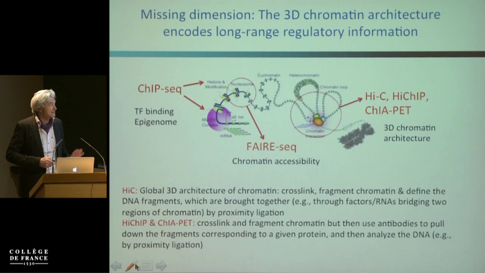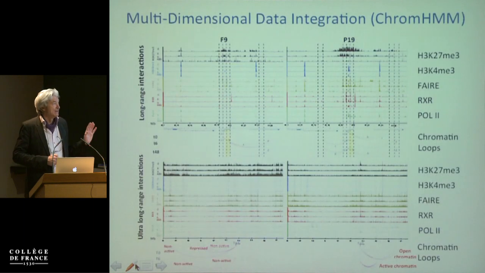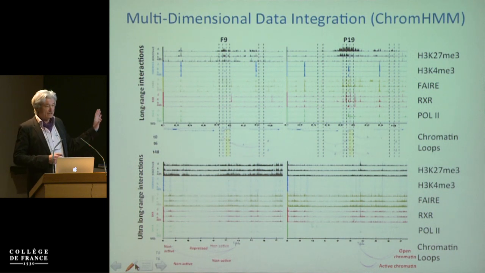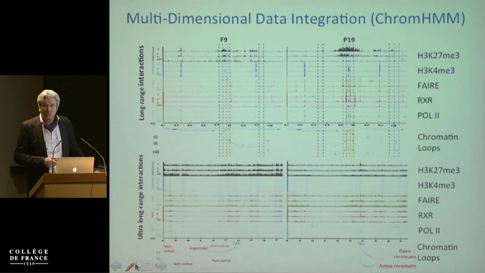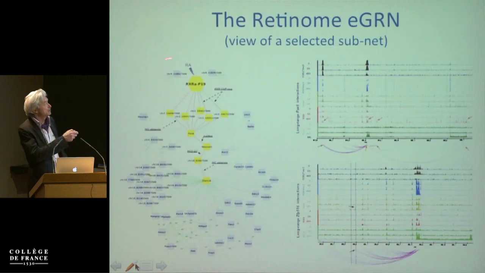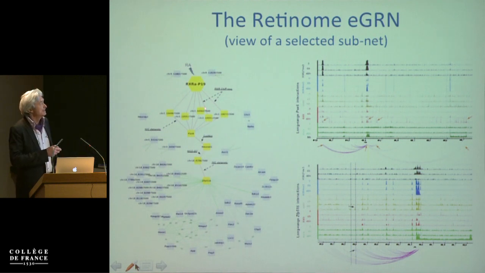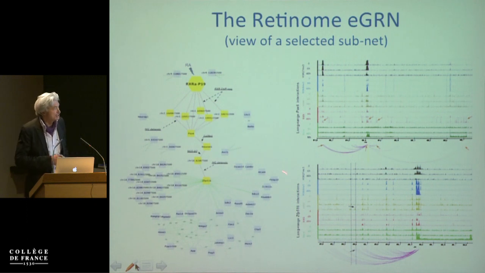So with that, I think I will skip this part on the chromatin, which we have investigated as well. Basically, suffice to say that we have been able to identify by Hi-C which chromatin structures are driving, in a very remote fashion, so in megabases away, certain target genes, and we can integrate this to get what we call an eGRN, an extended GRN, where we have not only put in the nodes, the transcription factors themselves and the target genes, but also the genomic platforms.